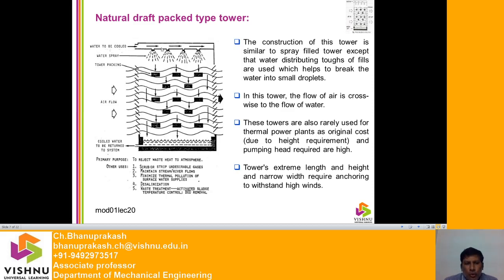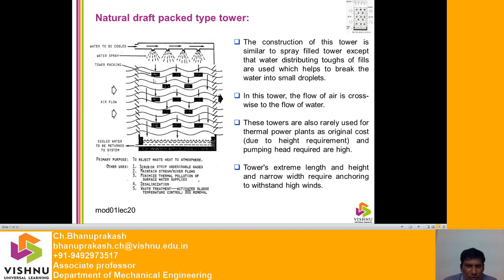Water to be cooled: here this hot water will be in, and cold water will be out, returned to the system. The airflow in this direction is crosswise to the water flow, which we already discussed in the earlier slide. The construction of this tower is similar to the spray filled tower except for the water distributing tubs.